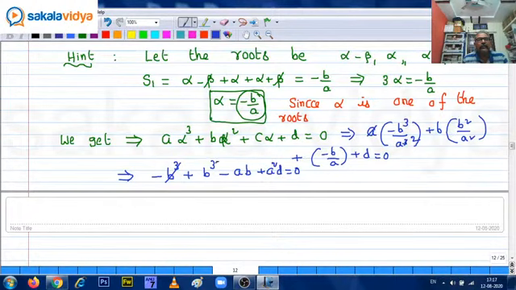This b cube gets cancelled. If you take a common, we have a into ad minus b equals 0. This condition we shall get.